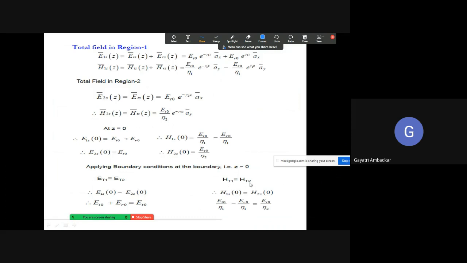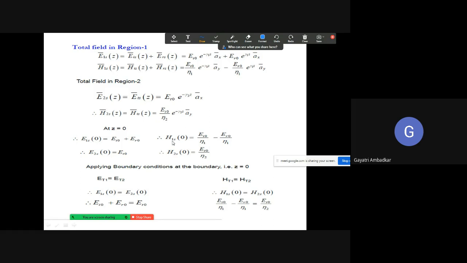Ht1 equals Ht2: the tangential component of H is continuous. So what was your Ht1? This component and this component are equal, which gives this equation.